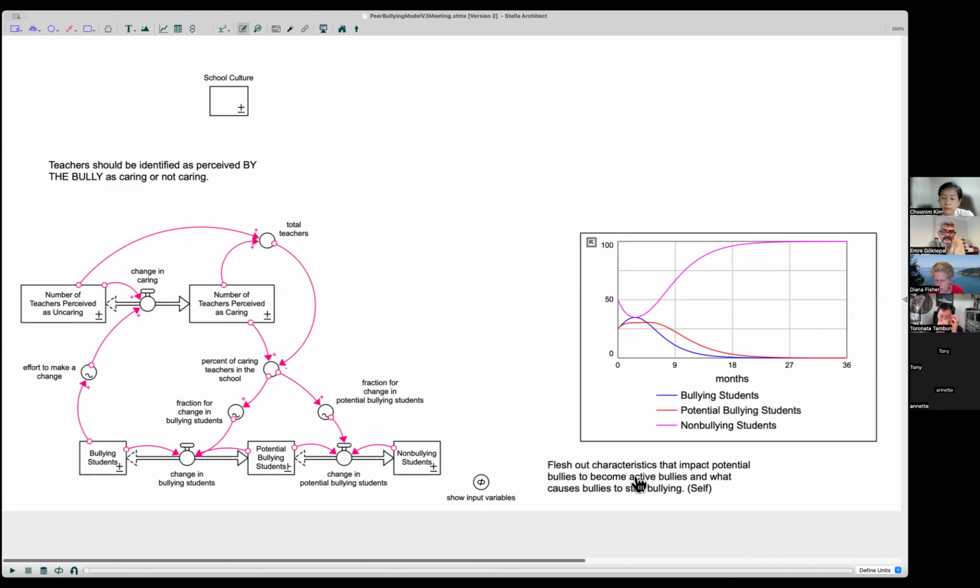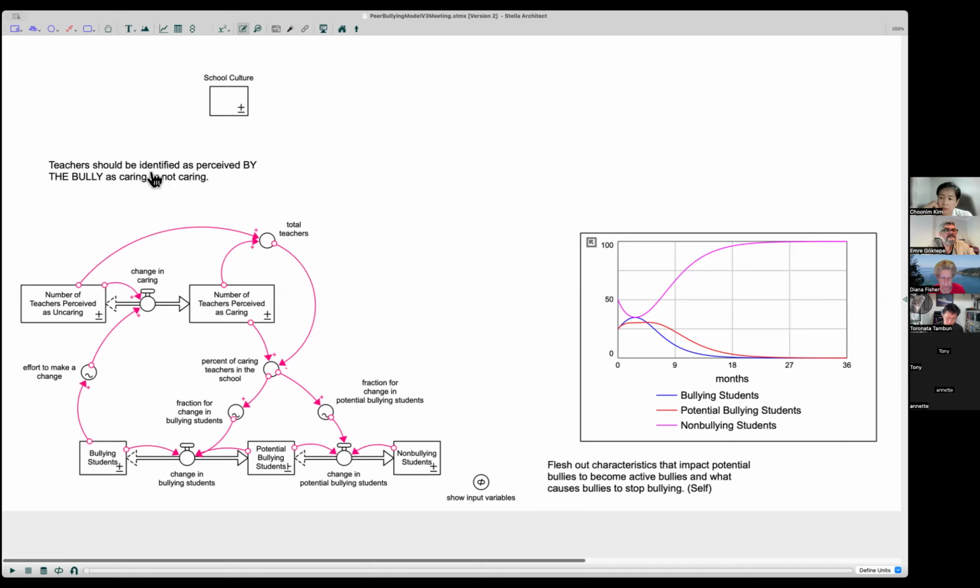Then someone else said, well, we really need to know more about what's going on with the students. And yes, we could add detail for what's other than teachers. What else is moving students back and forth? Yes, but again, that adds more detail, and we didn't want to add that kind of detail yet.